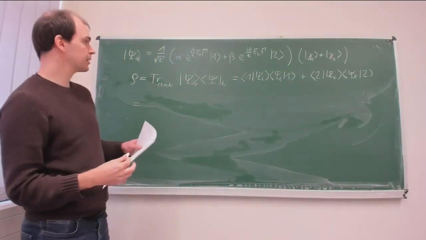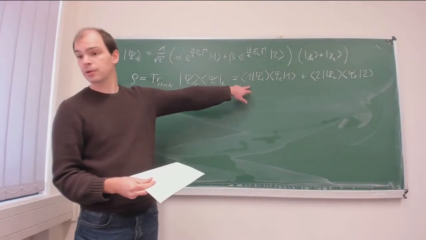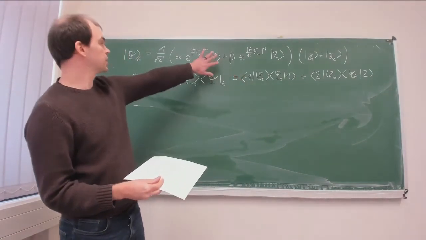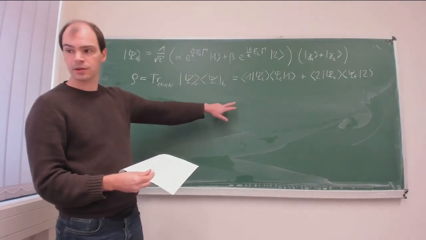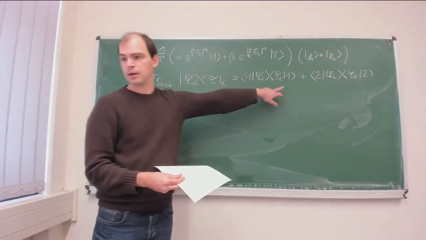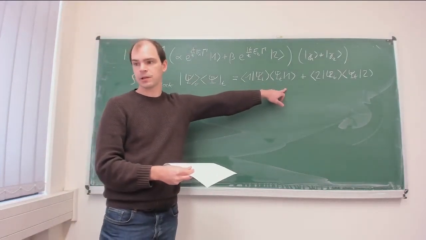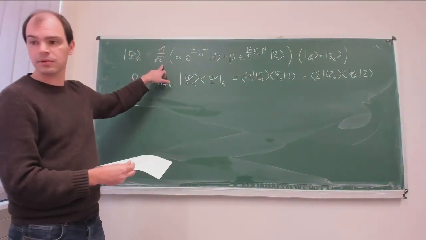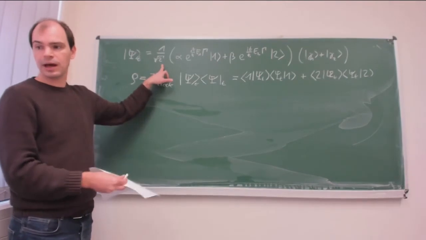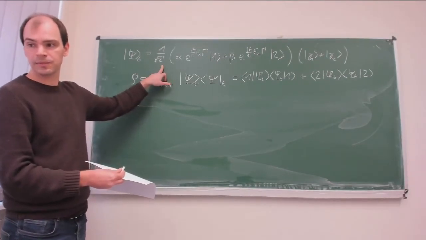Now we can calculate this. So for the first term, only this part of alpha survives. So here we get an alpha. Here we get an alpha complex conjugate. We get 1 divided by square root squared, so we get 1/2 for all those terms.